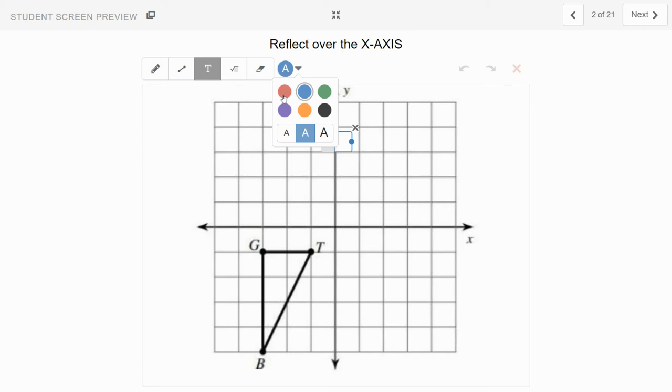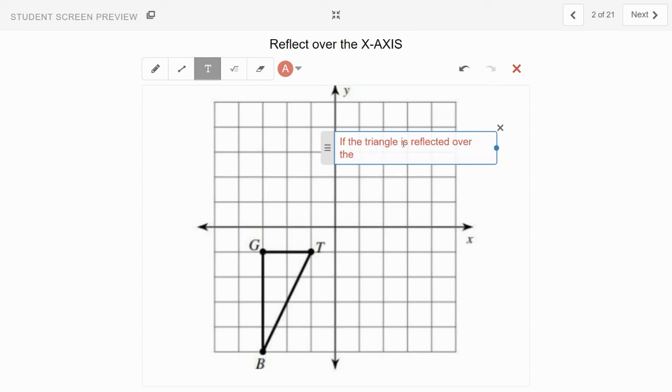It'll say, if the triangle is reflected over the x-axis, where will point G prime be? Now look at this question. If the triangle is reflected over the x-axis, where will point G prime be?